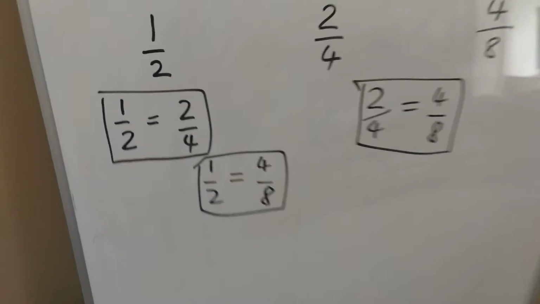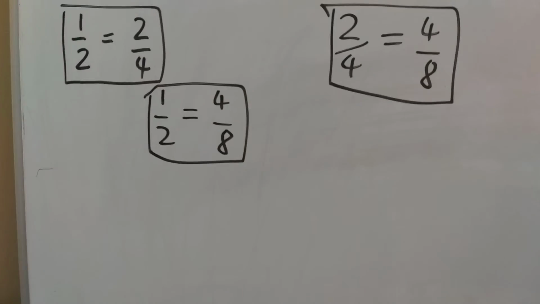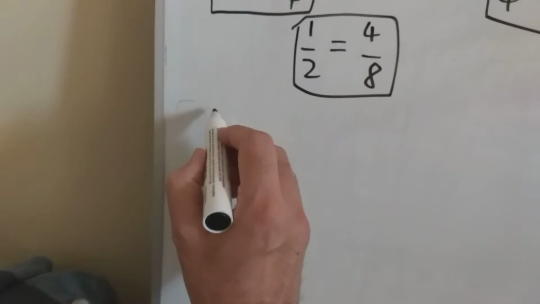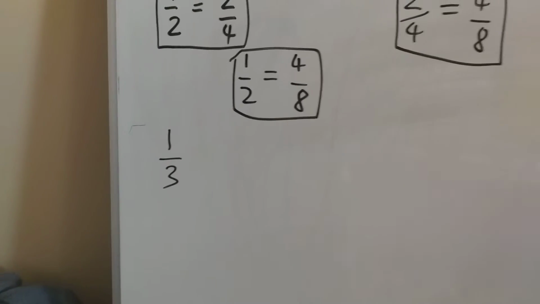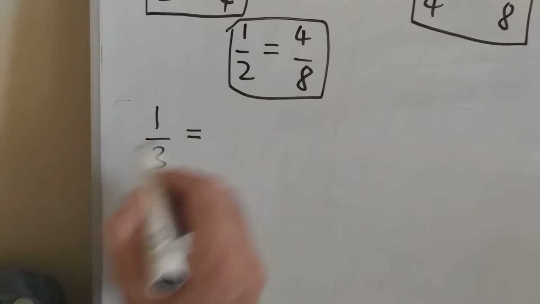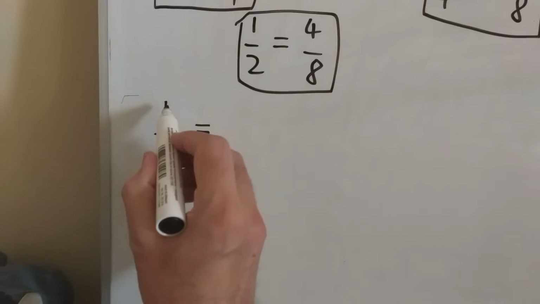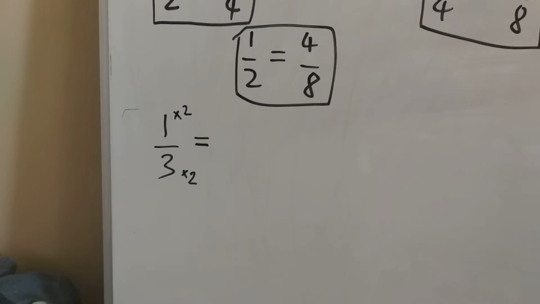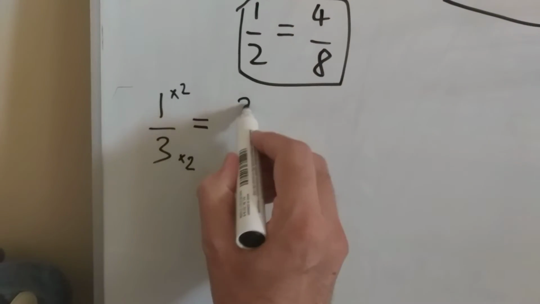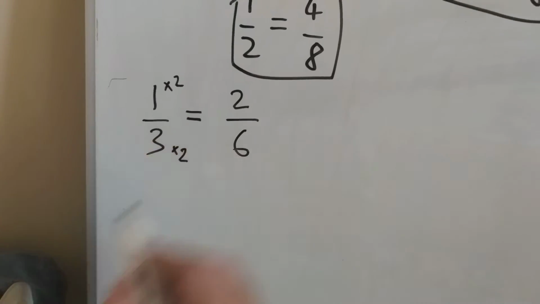So suppose we have a fraction, say for example, 1/3. 1/3 is going to be equal to, if I multiply 1 times 2 and the same number I use to multiply the denominator, 1 times 2 is 2, 3 times 2 is 6.